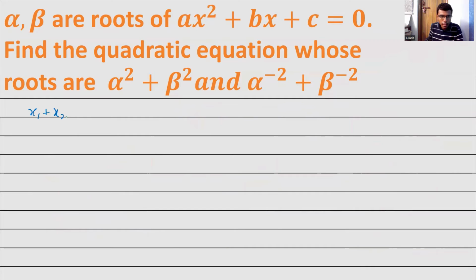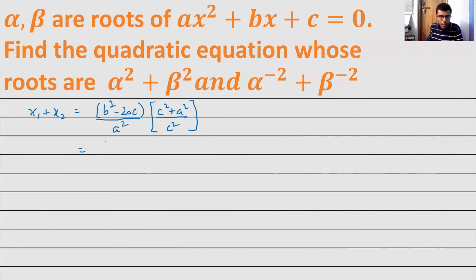x1 plus x2 would be nothing but equal to b square minus 2ac by a square into c square plus a square by c square.